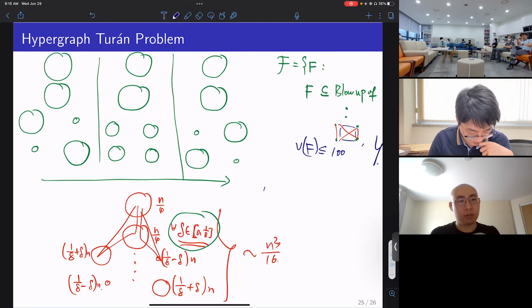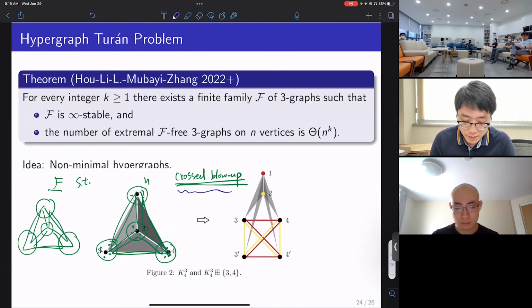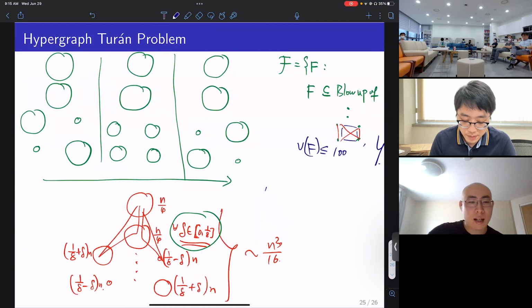So the idea is, first step, to find some non-minimal 3-graph, and the way we find this non-minimal 3-graph is using this operation, the so-called crossed blow up. Non-minimal means you can blow it up in different ways to get the same number of edges. So that's the property of a non-minimal hypergraph.